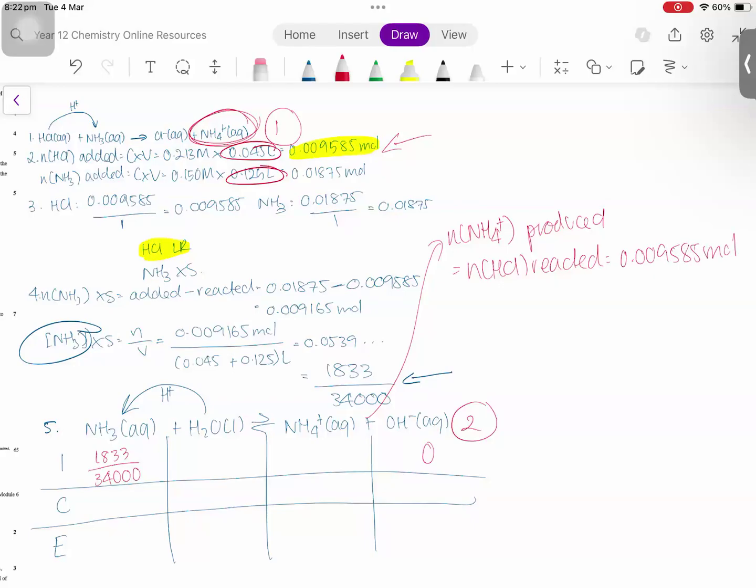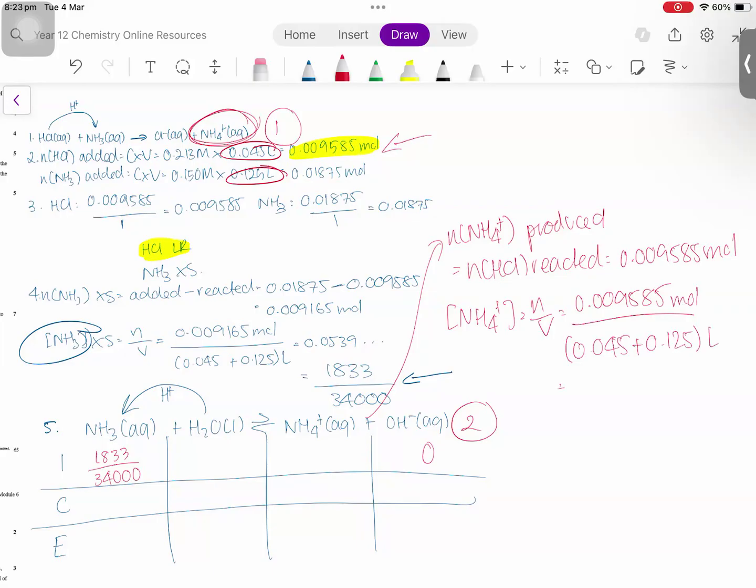And then same thing, you want it in the ICE table, which wants concentration. So we're just going to convert it to concentration again. It's n on V, which is 0.009585 divided by, once again, you're calculating numbers after you mix the two together, which is why you take the total volume, not the single volume. So 0.045 plus 0.125.